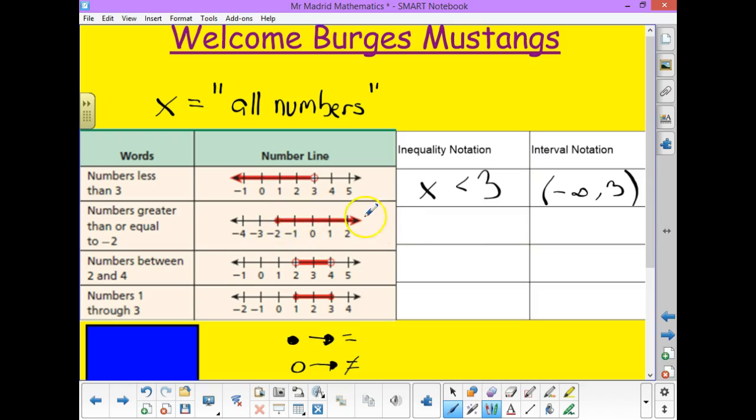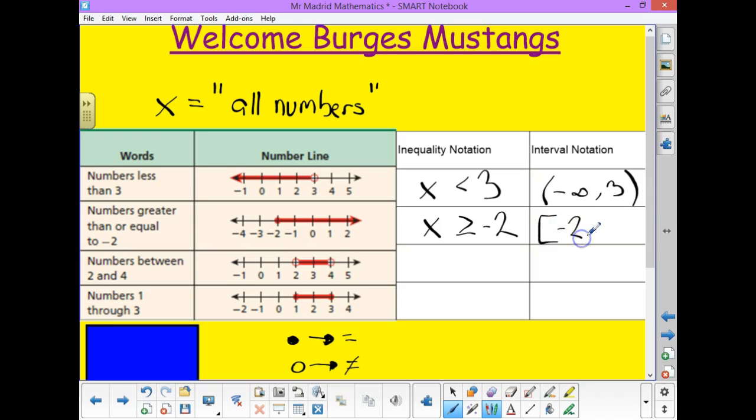In this case, we're going to have x is greater than or equal to negative 2. Here's negative 2, and all these numbers are greater. So instead of saying x, I'm going to say all numbers greater than negative 2 and equal to negative 2 because of the closed circle. Closed circle, equal. Now, interval notation, let's take a look.